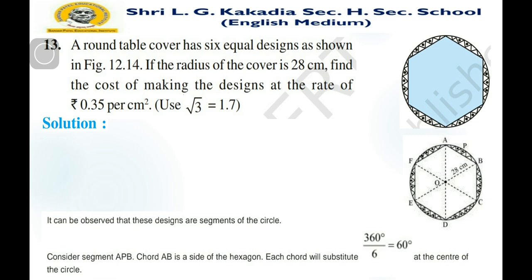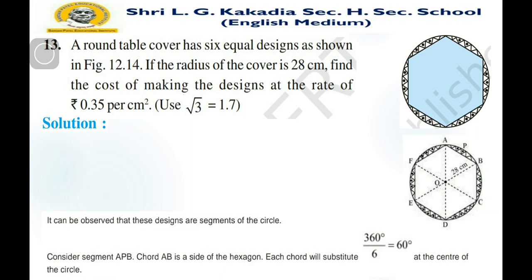It can be observed that these designs are segments of the circle. Consider segment APB. We take one sector APB. Chord AB is the side of the hexagon.